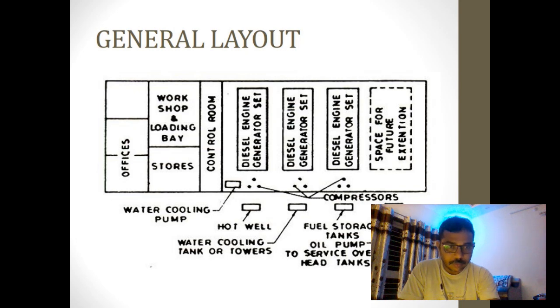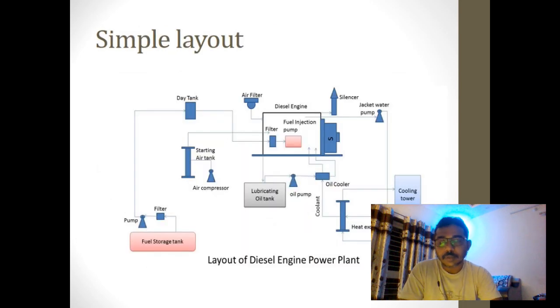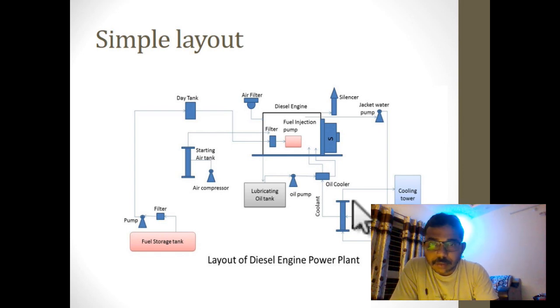Let's go into more detail. This is a simple layout of a diesel engine power plant, which consists of a diesel engine, the main part. This is the heart of the diesel power plant. Here there is a fuel storage tank, filter, pump, day tank, then the engine. This is the starting system.